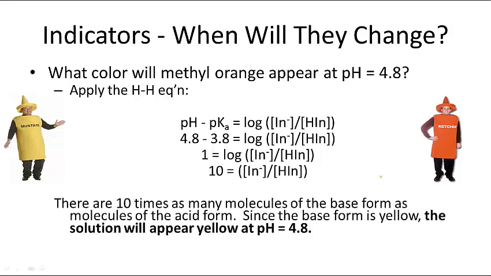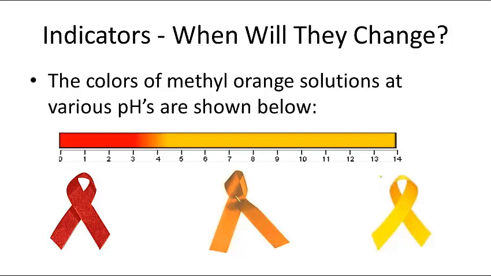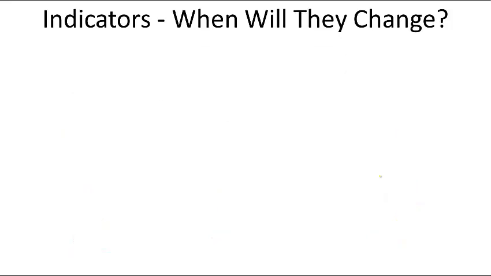So what's the takeaway? There's going to be a change in color that appears right around a pH of 3.8. Right around 3.8, this will appear orange. But if you go a little lower, it's going to be red and stay red. If you go a little higher, it's going to be yellow and stay yellow. So this has an effective range where it's changing color of about 1 pH unit on either side of the pKa.